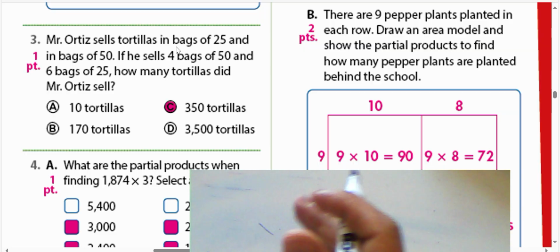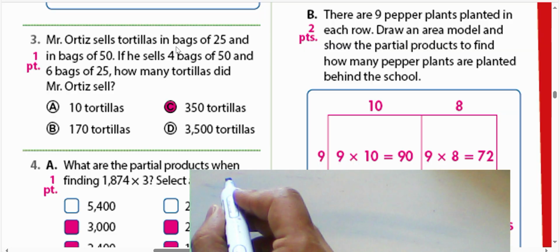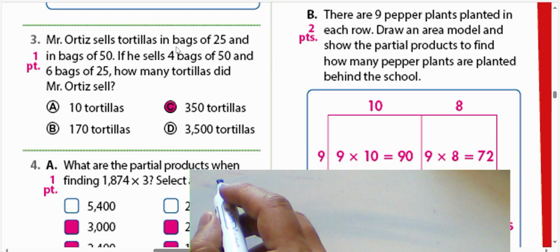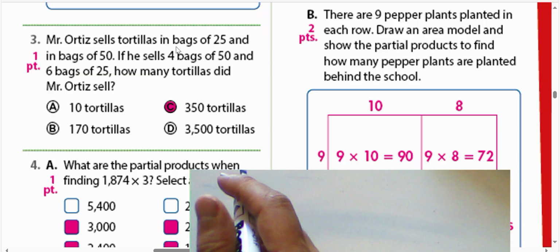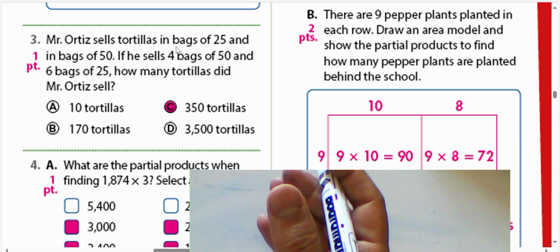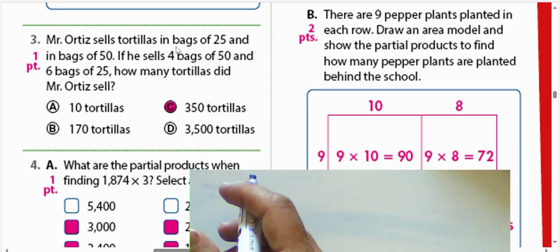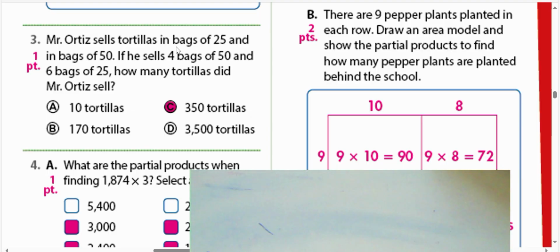If he sells 4 bags of 50, we can write 50 first. Then 25, and we can multiply them.